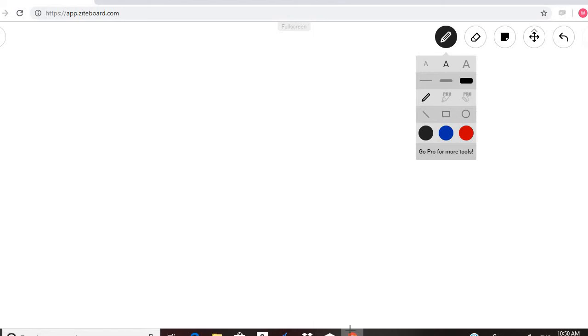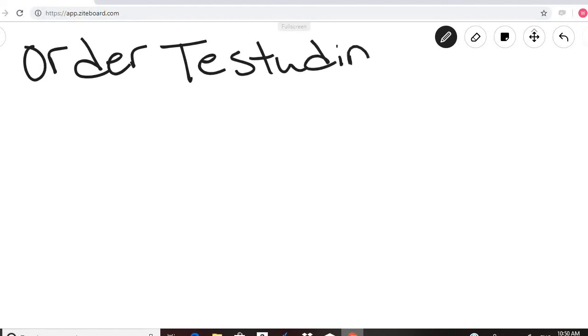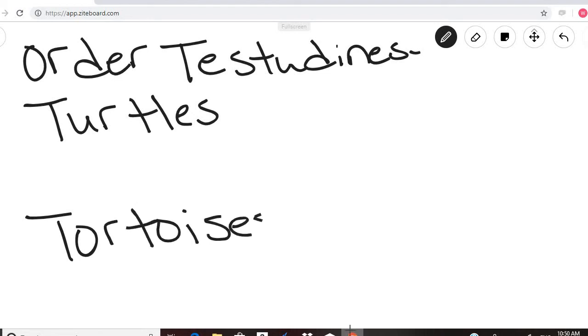Let's go on now to the order Testudines. And this includes turtles and tortoises. So let's talk a little bit about differences between them.